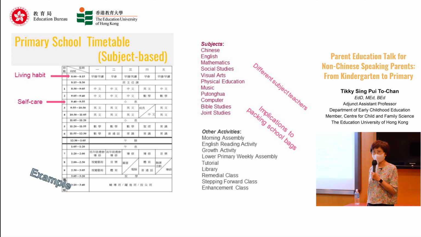For some primary schools, you have to learn about your child's school. Some schools start at 7:30 or 7:35 or 7:40, so 1.5 hours earlier. Oh, so you think, okay, I'll ask my child to sleep 1.5 hours earlier.